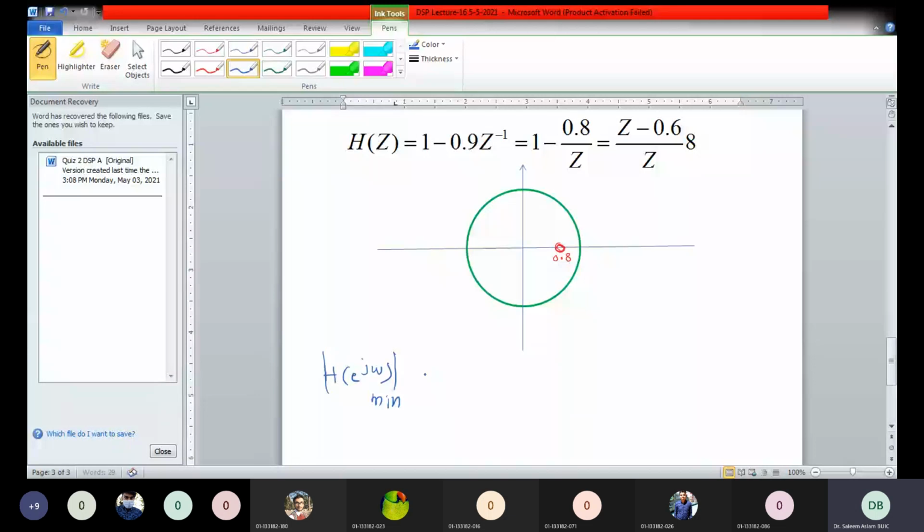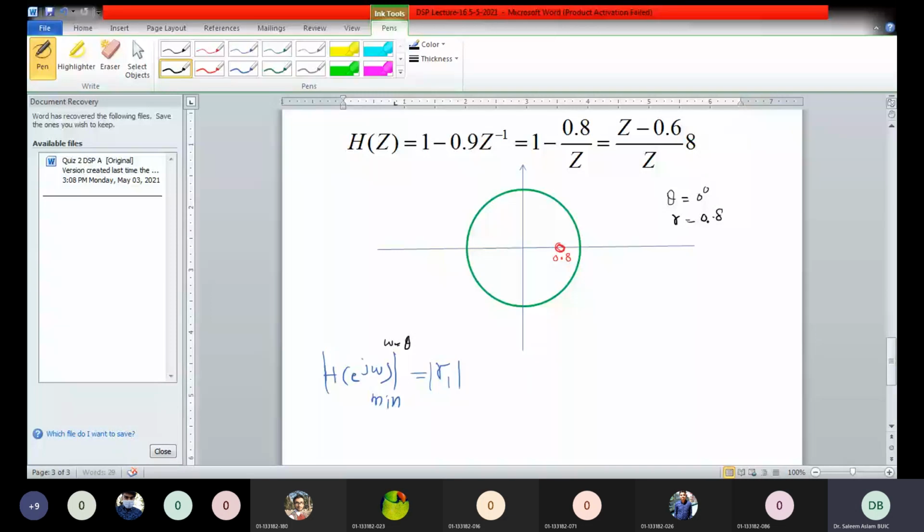and that is equal to the length of r1 mod. Let me draw r1. R1 is on the same angle, that is omega is equal to theta. And हमारे केस में अगर देखें तो this is a complex number, it is lying on the real axis, so its theta would be equal to 0 degree, and its r would be equal to 0.8, right?